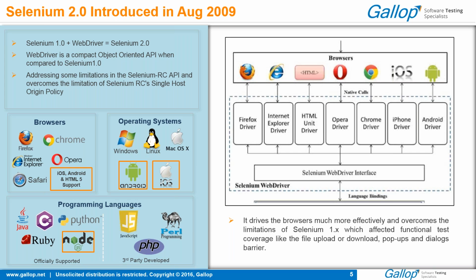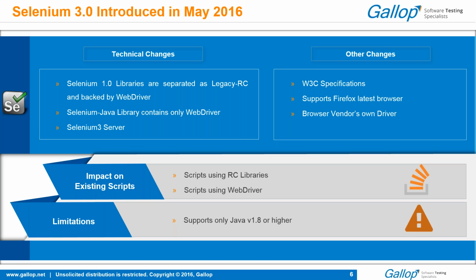It's not a migration of the full commands, but just a migration of the initialization of the browser, so that the Selenium core's logic will be changed to WebDriver. So this is a little bit of a recap about 1.0 and 2.0. Let's move on to the next slide and see what has changed in 3.0.